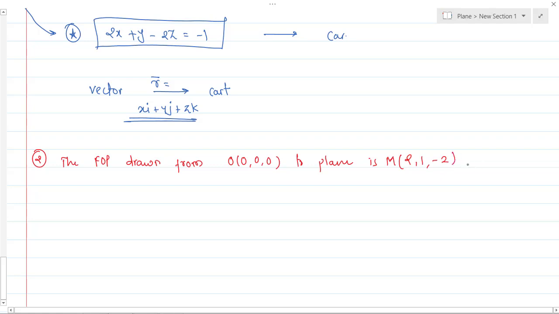Find the vector equation of the plane. Boss, you expect this level of questions in your exam.